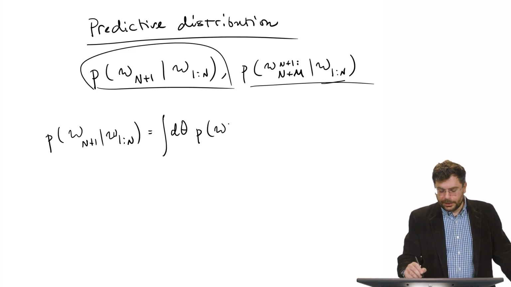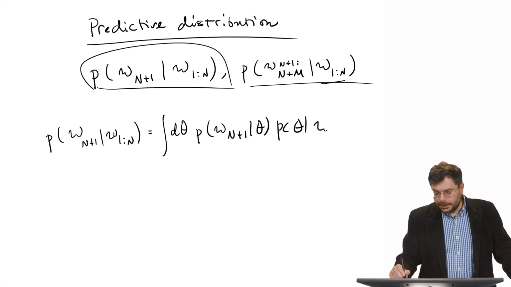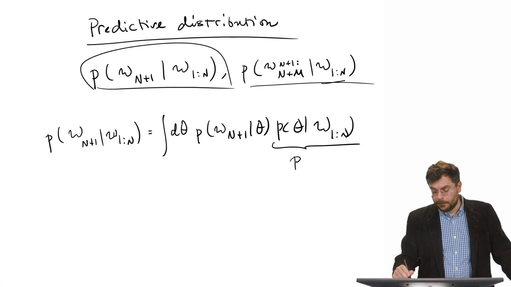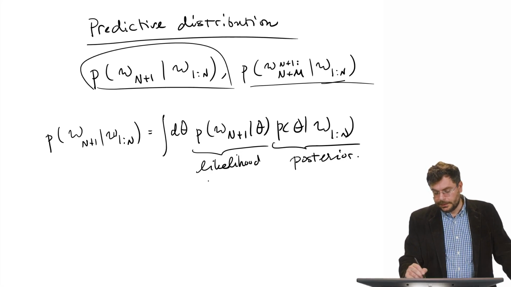So we have w_{n+1} given theta multiplied by the probability of theta given w_1 to n. This here is the posterior. This is the likelihood of the n plus 1th data point.